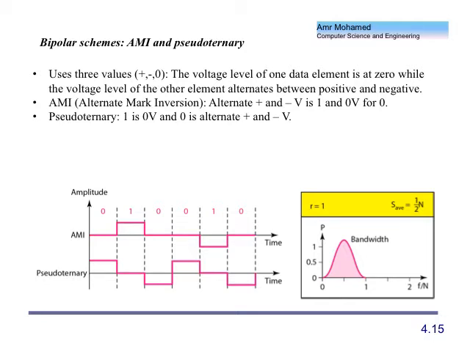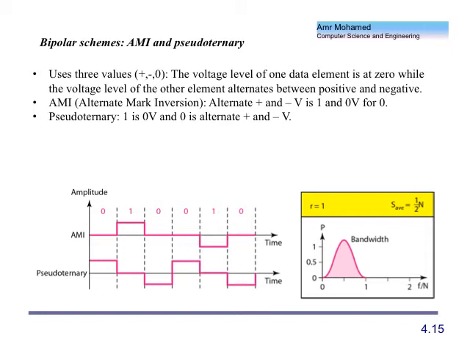So we're using 3 values. The voltage level of one data element is at 0, while the voltage level of the other element alternates between positive and negative. What does that mean? This means that if I have 0, then I create a constant voltage of 0. If I have 1, then I toggle the signal level from positive to negative.